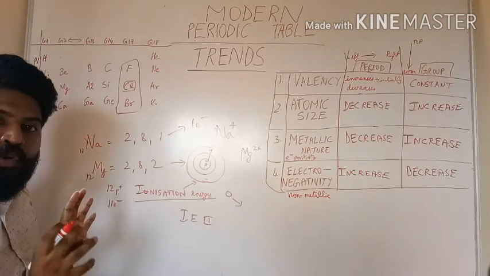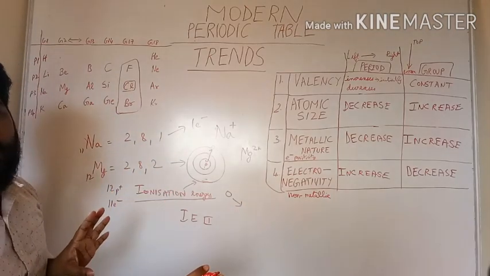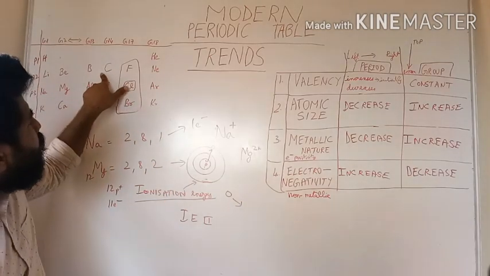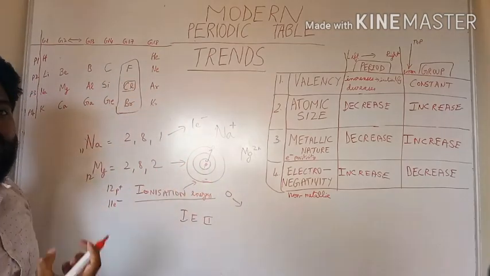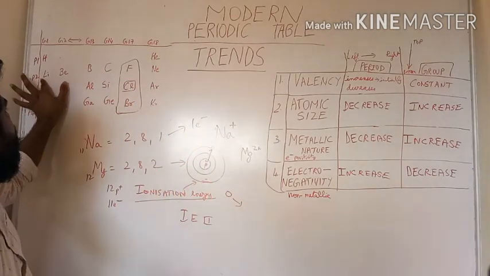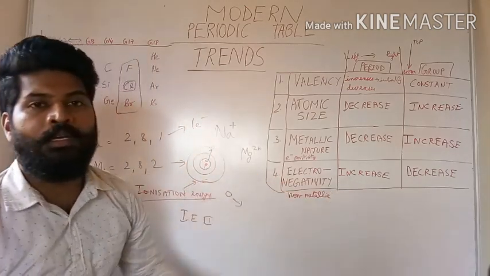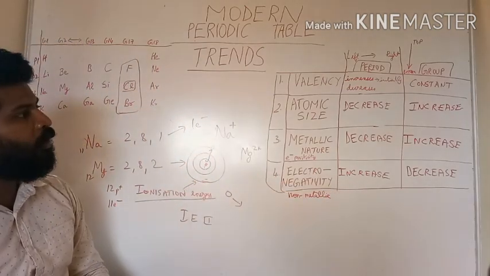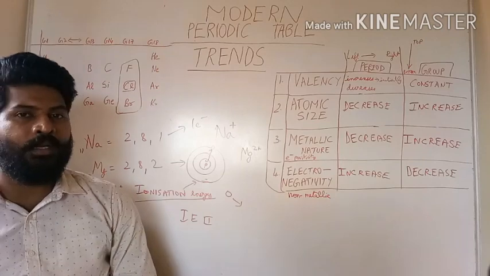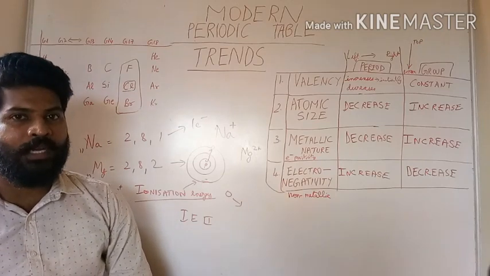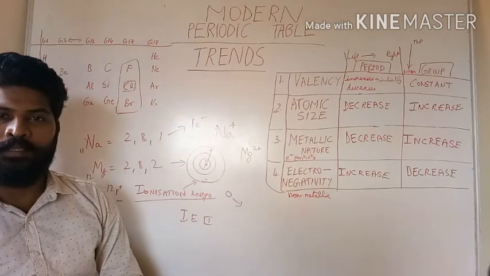Atoms will not lose electrons willingly. In fact, they will gain electrons. So electronegativity will increase in a period. We have completed periodic classification of elements. Thank you.